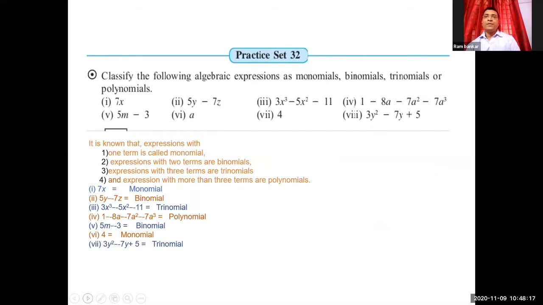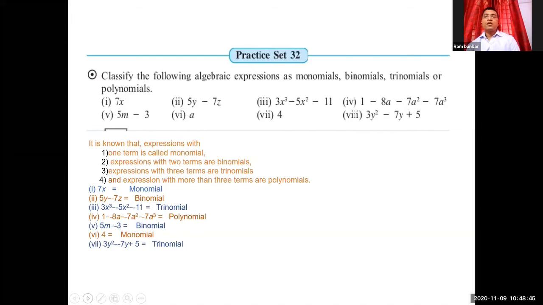Classify the following algebraic expressions as monomial, binomials, trinomials, or polynomials. We have to do classification. How many examples are given of algebraic expressions? There are 1, 2, 3, 4, 5, 6, 7, 8. 8 examples given. We have to classify them into the types.